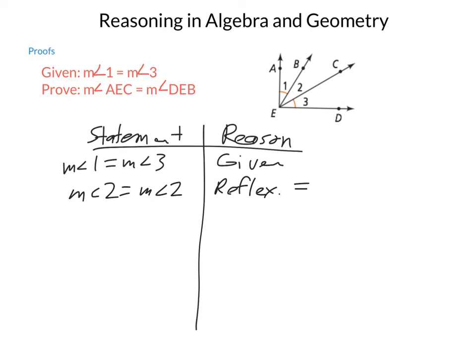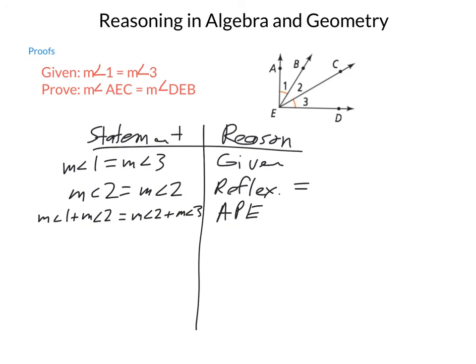Now, I can put together that the measure of angle 1 plus the measure of angle 2 equals the measure of angle 2 plus the measure of angle 3. And that is simply the addition property of equality. I added the same thing to both sides of my original equal sign, so I still have an equivalent equation. Okay. Now, what is the measure of angle 1 plus the measure of angle 2?